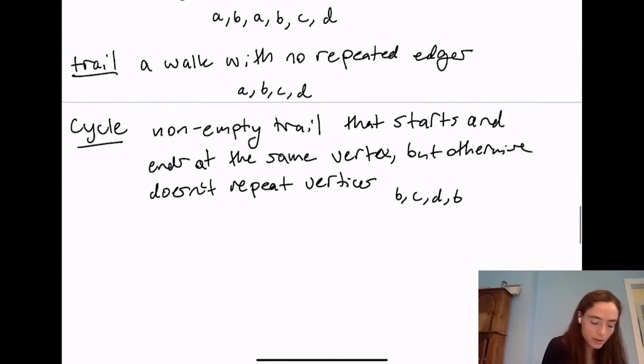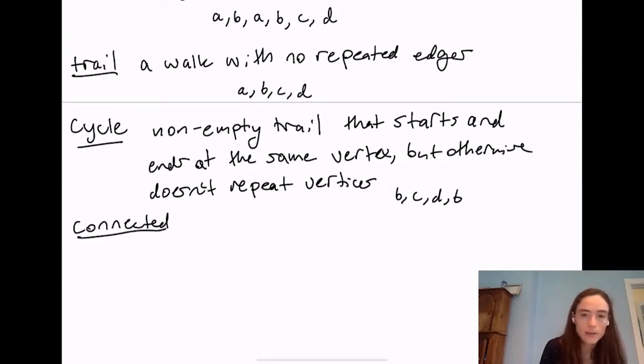Now, a graph is connected if you can reach any vertex from any other vertex by walking around the graph.